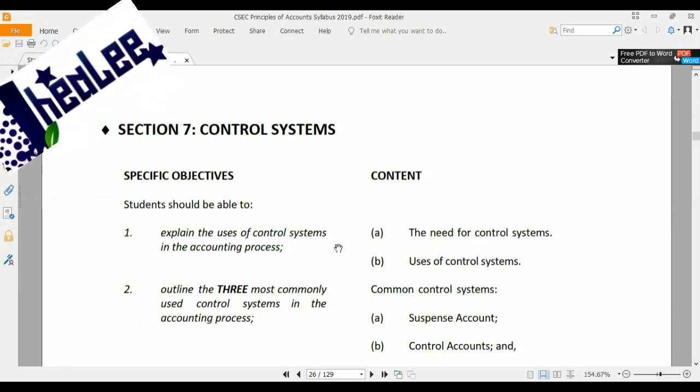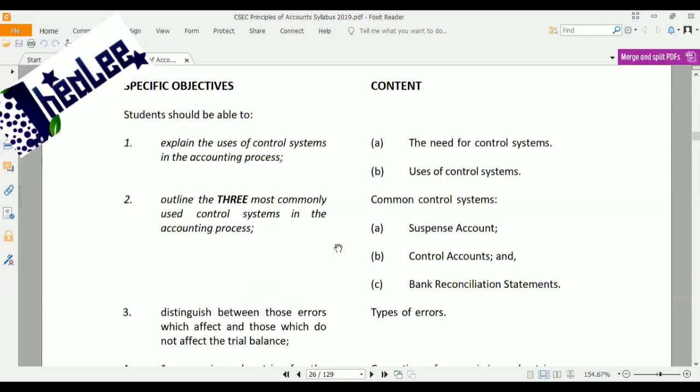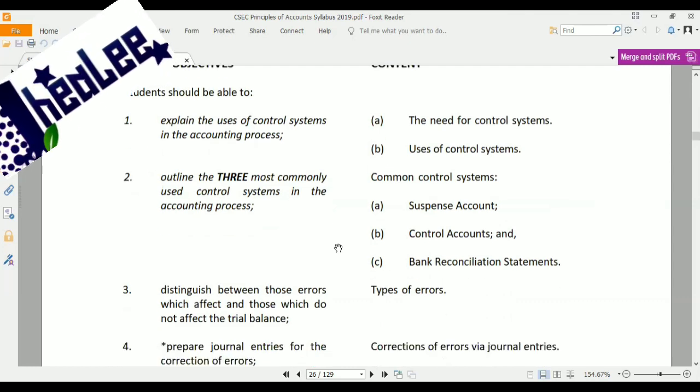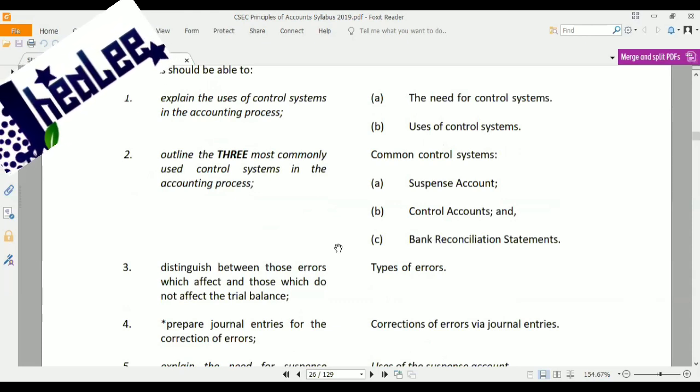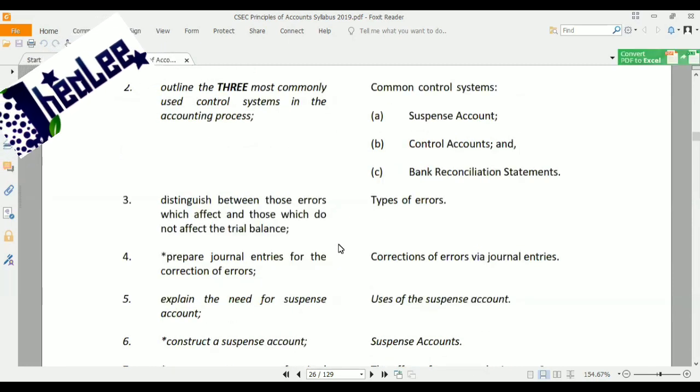Number 2, outline the 3 most commonly used control systems: suspense account, control accounts, and bank reconciliation statements that I've mentioned earlier. Distinguish between those errors which affect and those which do not affect the trial balance. So we have errors that do not affect the trial balance, no matter what.